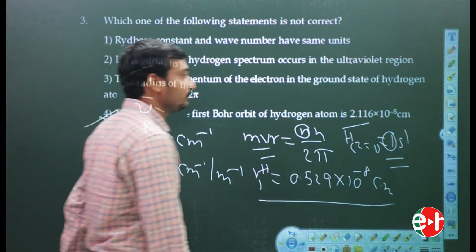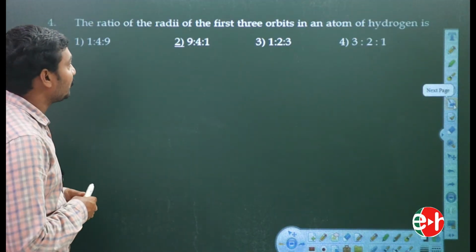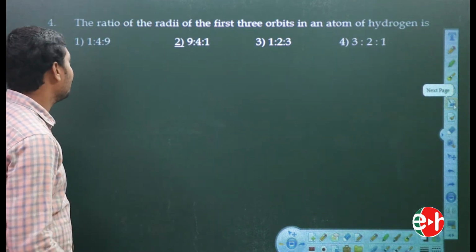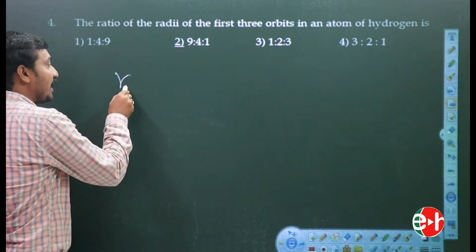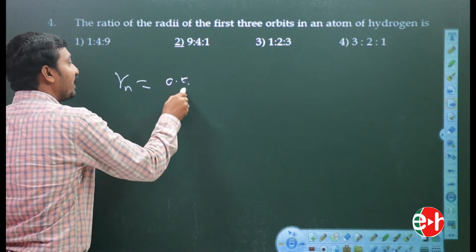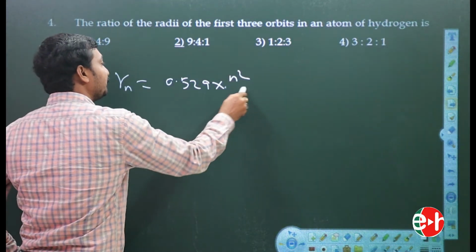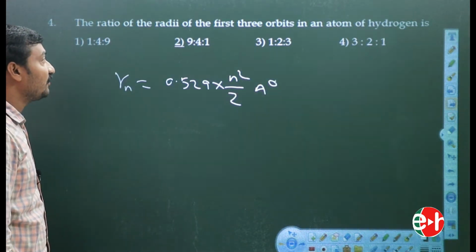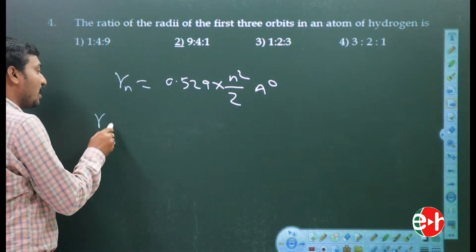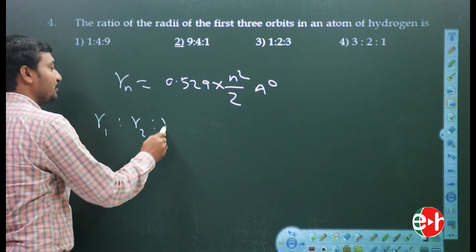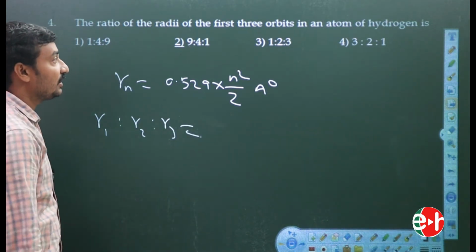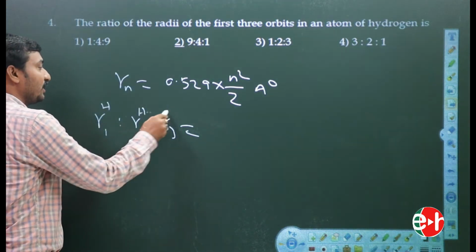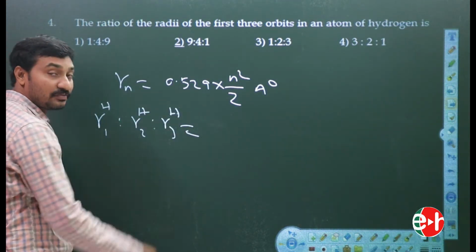Next one. The ratio of the radii of the first 3 orbits in an atom of hydrogen. We know Rn is equal to 0.529 into n square by z angstrom units. So R1 is to R2 is to R3 for hydrogen atom: 0.529 is common, so it cancels.